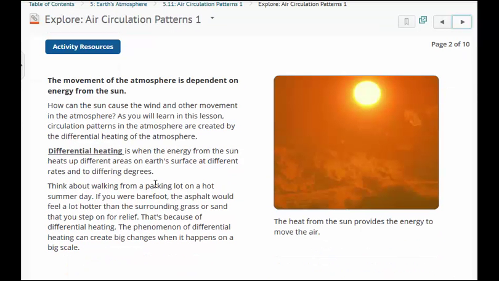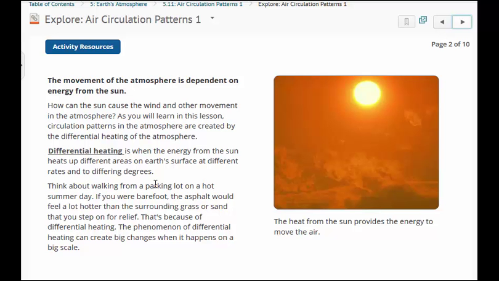Air circulation patterns. So first of all, remember that the Earth is heated differently at different spots from the sun. You know this. Michigan is colder in the winter than Florida because Michigan gets less heat. Make sure you know that the sun's energy is most concentrated at the equator.